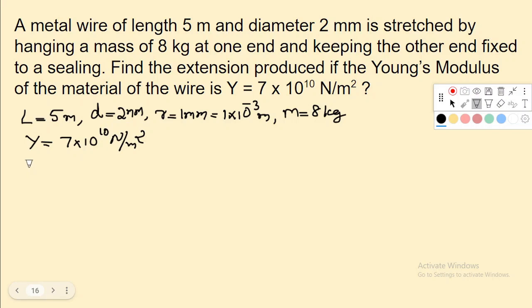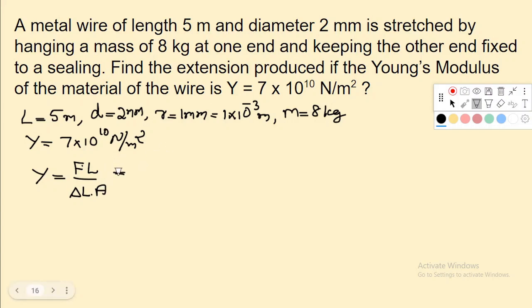So let us write the expression for Young's modulus, that is Y is equal to F L divided by A into delta L. So let us expand.